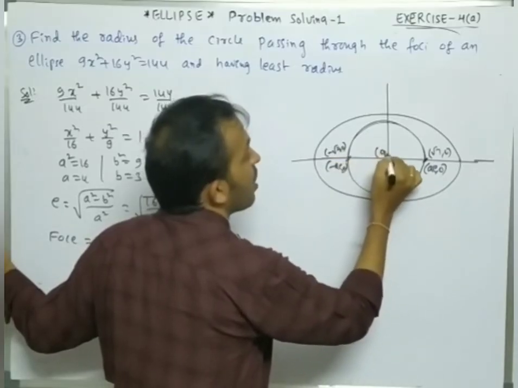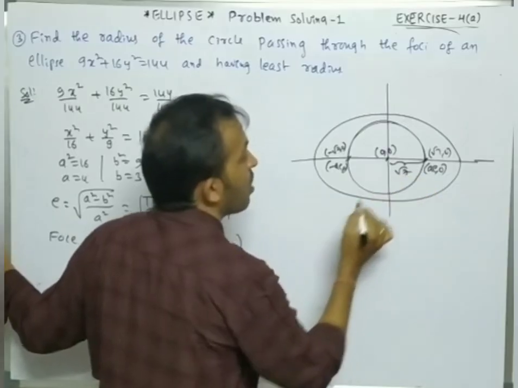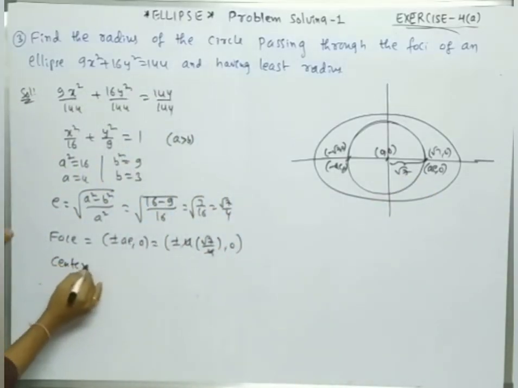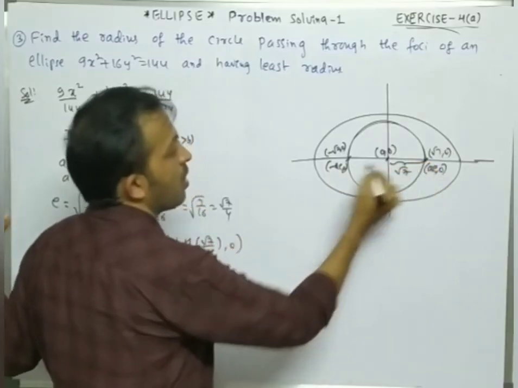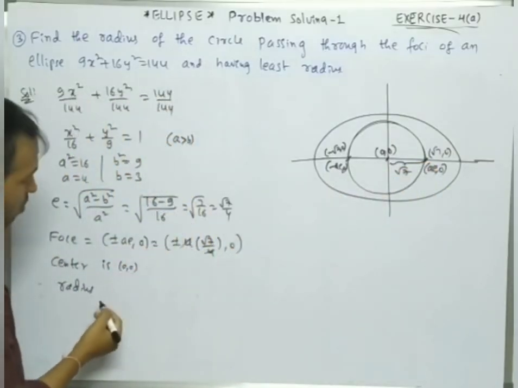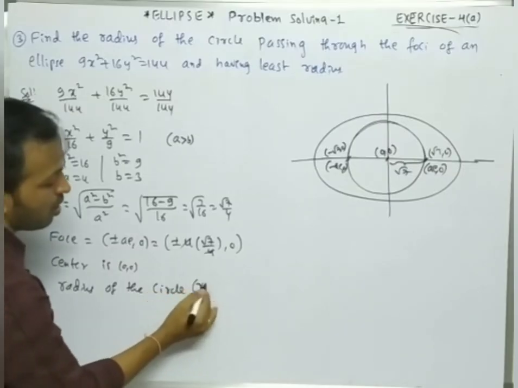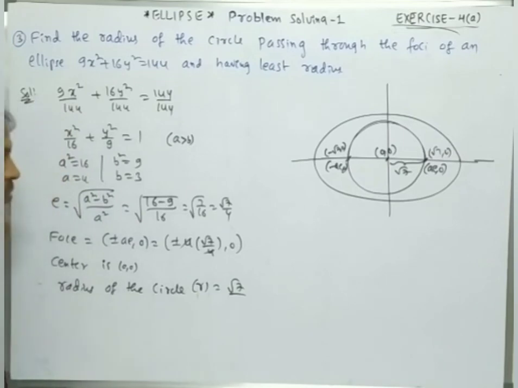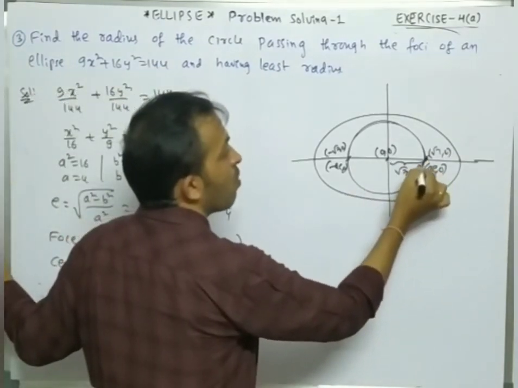Center is what here? 0 comma 0. So what is the radius then? Root 7. So center is 0 comma 0. Radius, that is only the least radius, right? Which is passing through the foci. Radius of the circle is equal to root 7. Radius of the circle is the distance between the focus and the center.